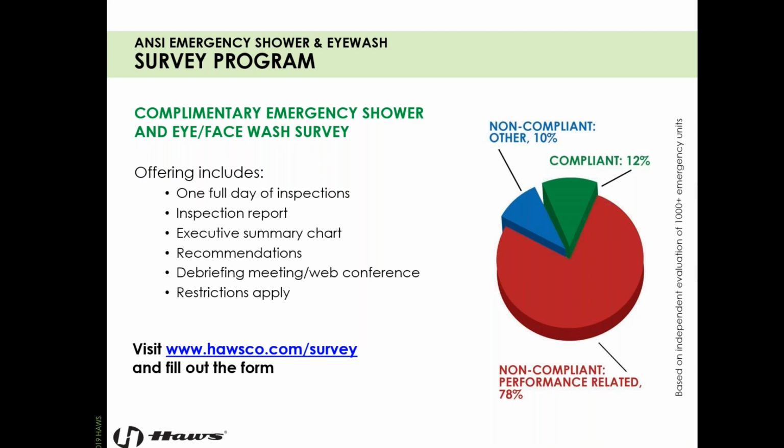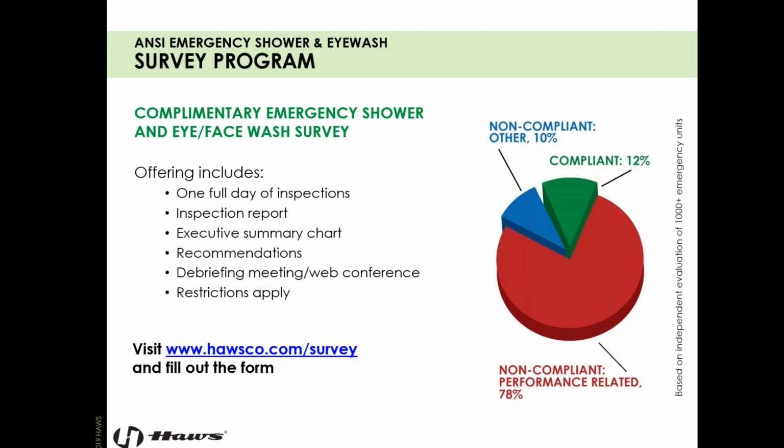That free full day inspection includes an inspection report, which is going to be a download of every piece of emergency equipment that was tested at your facility, as well as how it measures up against the ANSI standard. And then there's an executive summary, which is similar to the chart here on the right side, which is going to break down the compliant versus non-compliant products at your facility and the non-compliant levels as well.